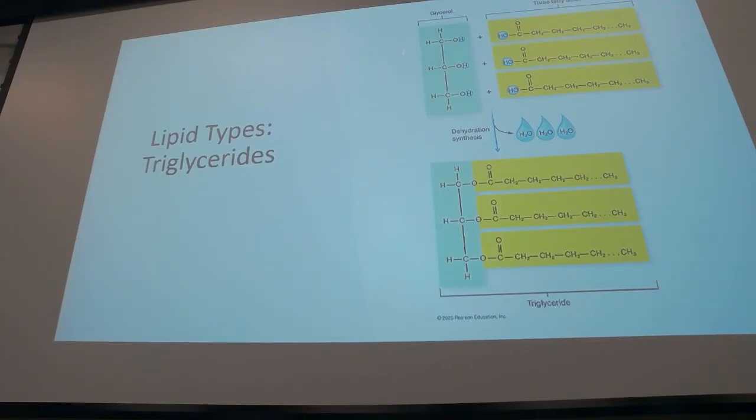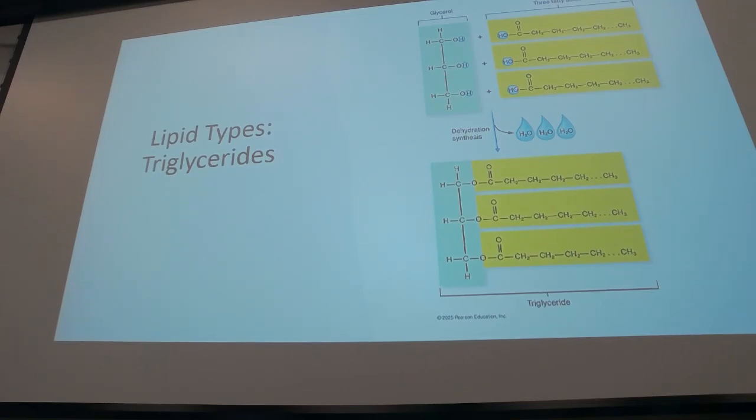So in triglycerides, we have an alcohol molecule, a glycerol, which is made out of these three carbons and these hydroxyl groups in here, hydrogens attached to the sides, and then it's made out of three fatty acids. So we have one glycerol and three fatty acids. So this is the chemical structure of the fatty acids.